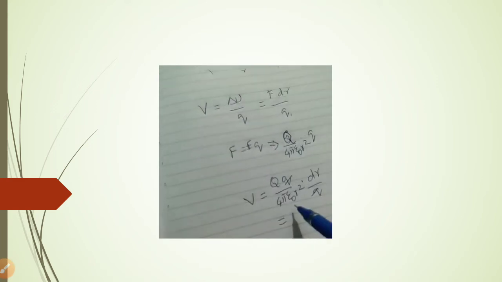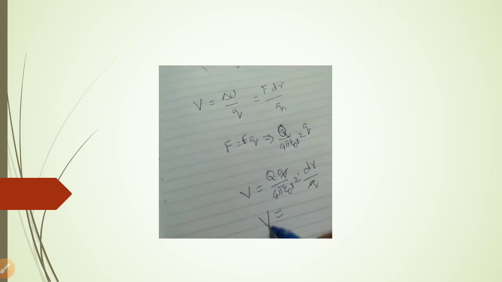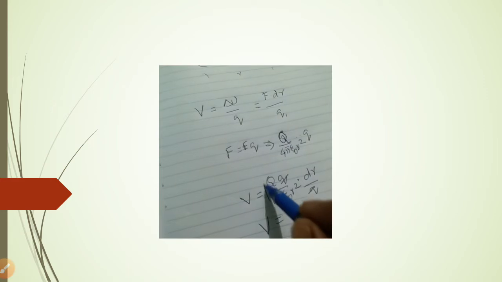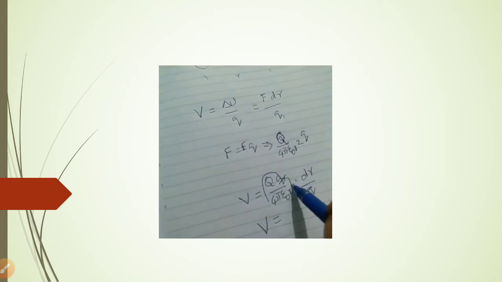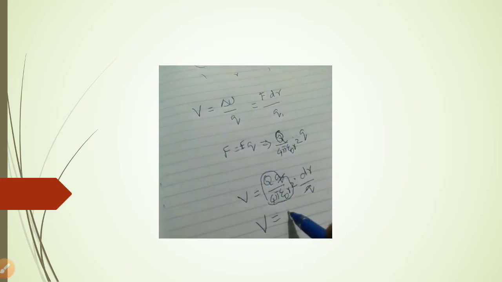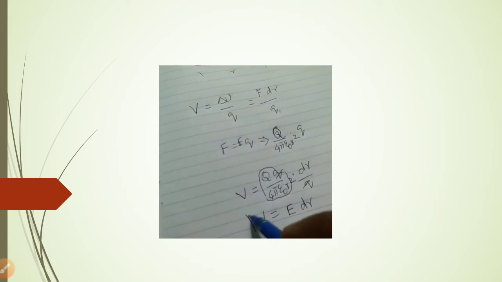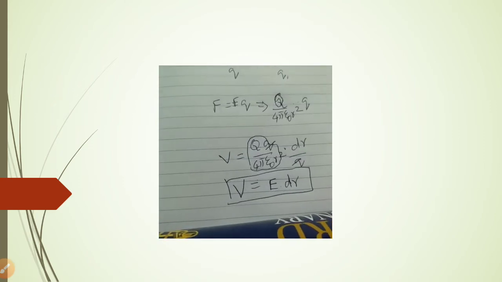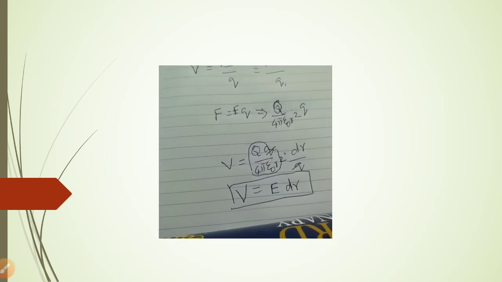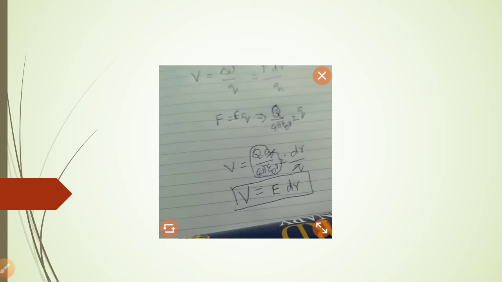That is, this can also be written as V. Now Q by 4 pi epsilon naught r squared can be taken as E. So E dot dr. So this is the electrostatic potential. This is one more important relation, that V is equal to E dot dr. Now keep that in your mind.